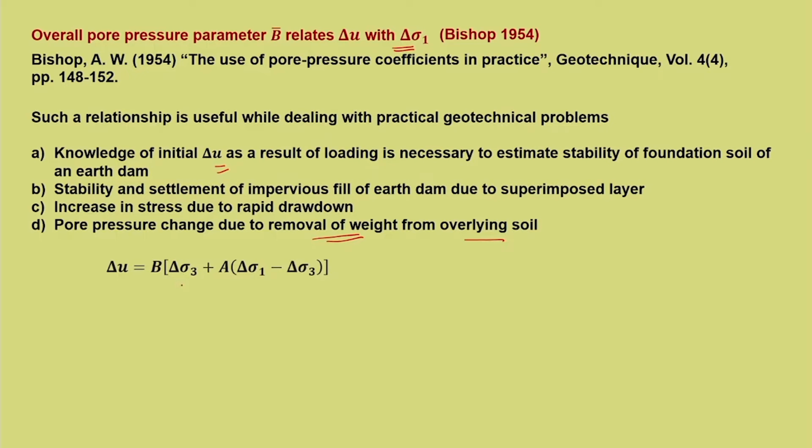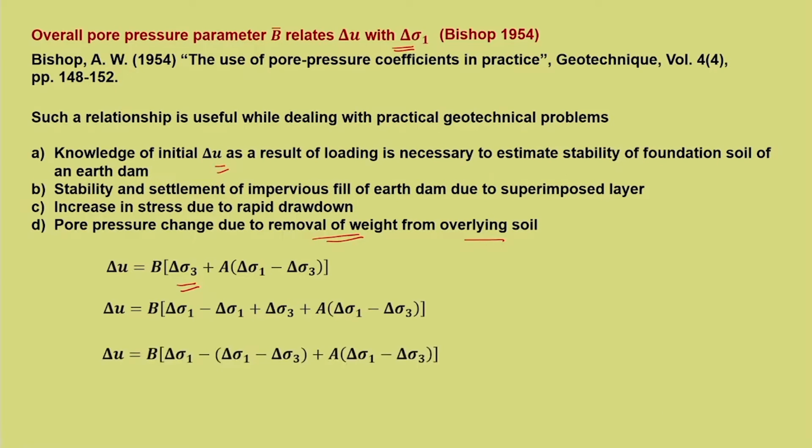Again, we start with the same equation, Skempton's equation. We are doing some mathematical rearrangement. B into, we are adding and subtracting delta sigma 1. So, delta sigma 1 minus delta sigma 1 plus the remaining equation.